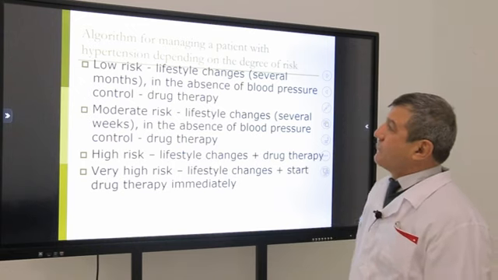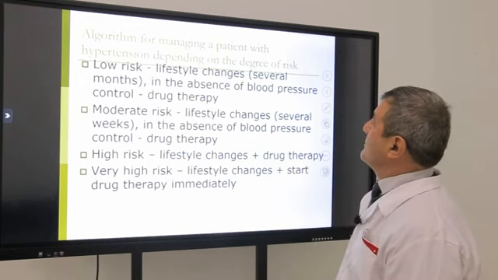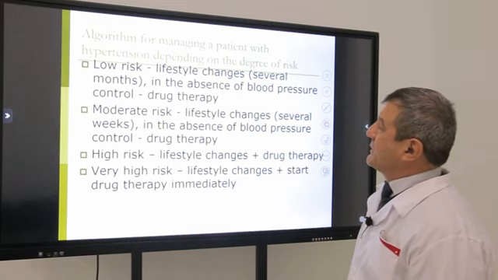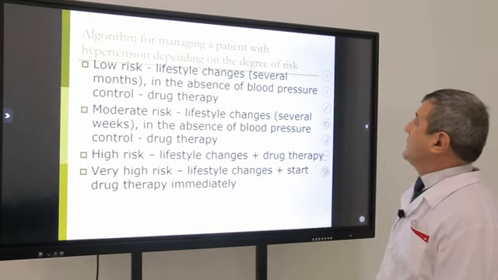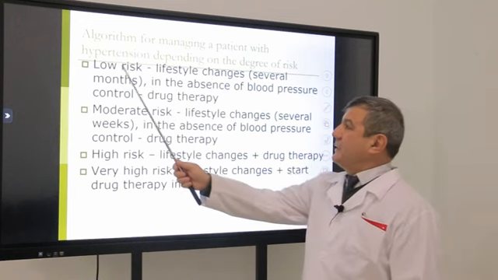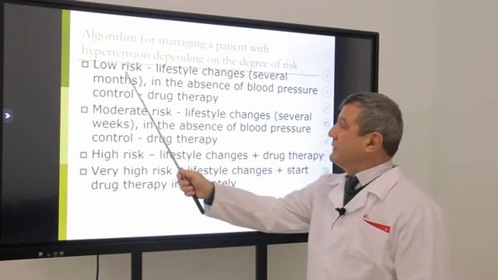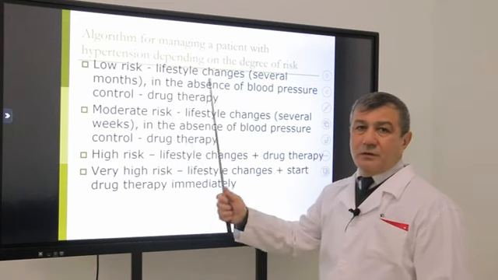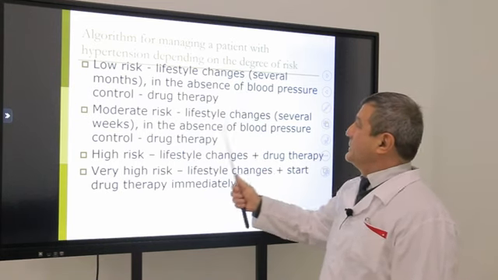Next one, algorithm for managing a patient with hypertension depending on the degree of risk. If the patient has low risk, with lifestyle changes for several months, we have to recommend lifestyle changes.